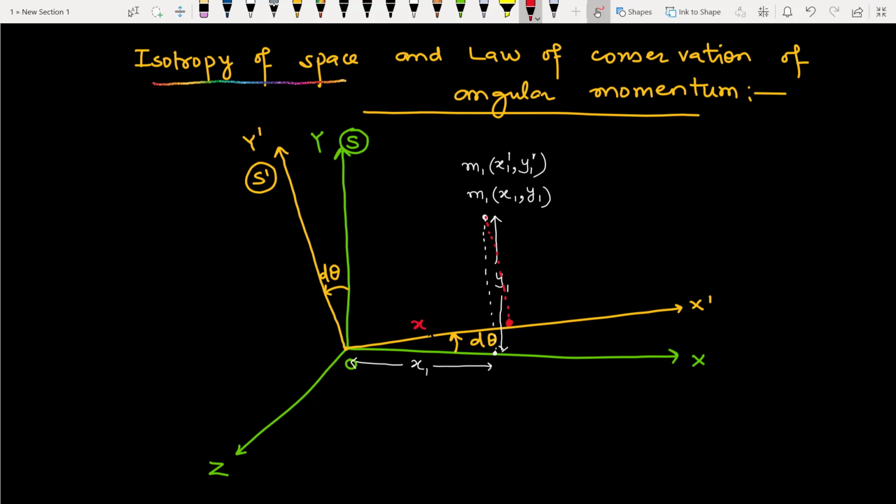So this will be x1 dash and this will be y1 dash along the y dash axis.